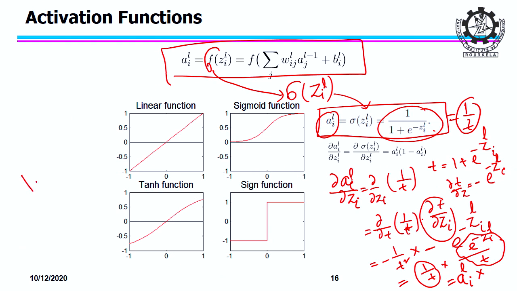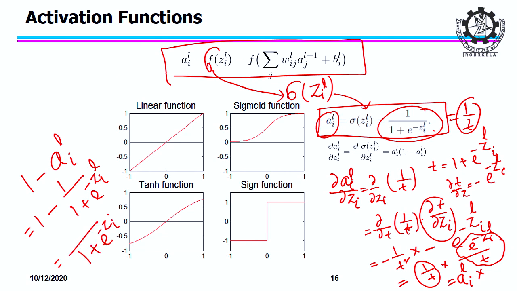Let me write 1 minus A I L. So, what will be the value? This is equal to 1 minus A I L, and A I L is 1 by 1 plus e to the power minus z I L. So, this will give you 1 plus e to the power minus z I L minus 1.